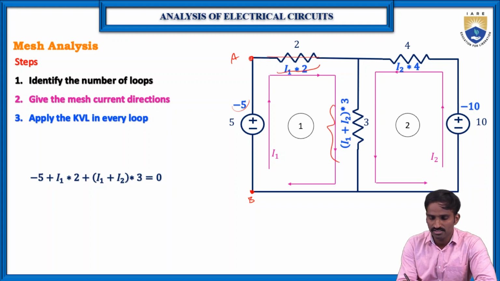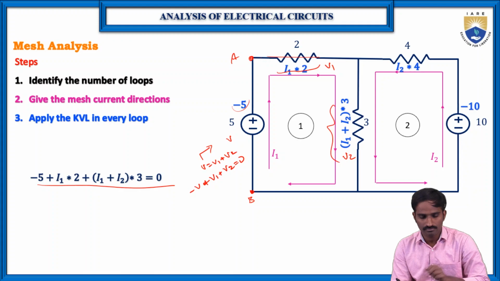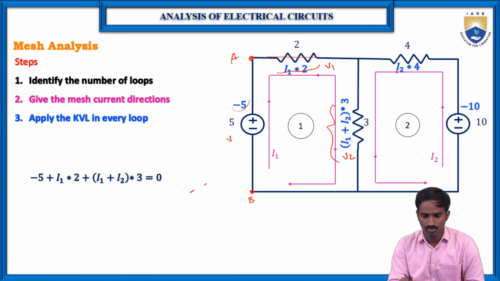Let us consider their voltages as V1 and V2, then V is equal to V1 plus V2. Moving V to the right-hand side, minus V plus V1 plus V2 is equal to 0. The same way we have written the equation. Now this is the equation with respect to loop 1.